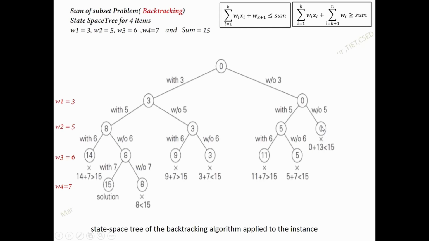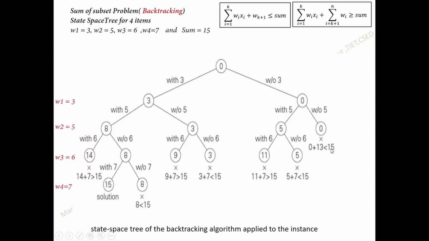If you explore this node further, the remaining weights are only 13, because two elements are left, and in that case you won't be able to get the result. The required result is 15, and 0 plus 13 is less than 15.